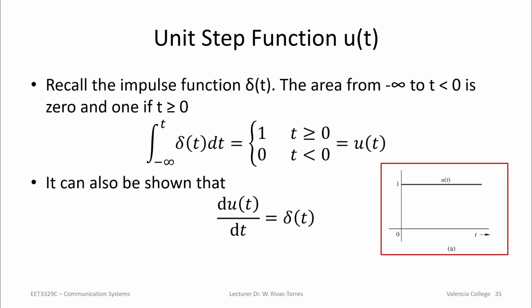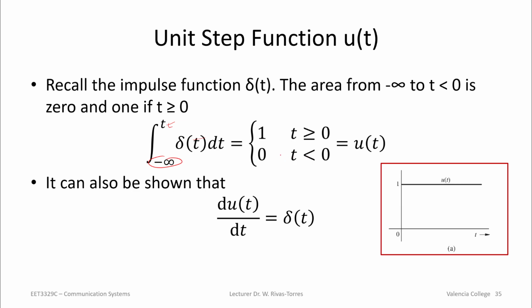Now, there is a relationship between the unit step function and our Dirac delta function. If you remember, you can integrate anywhere from minus infinity to a value t of the Dirac function, and it will equal 1 for t greater than 0 and 0 for t less than 0.